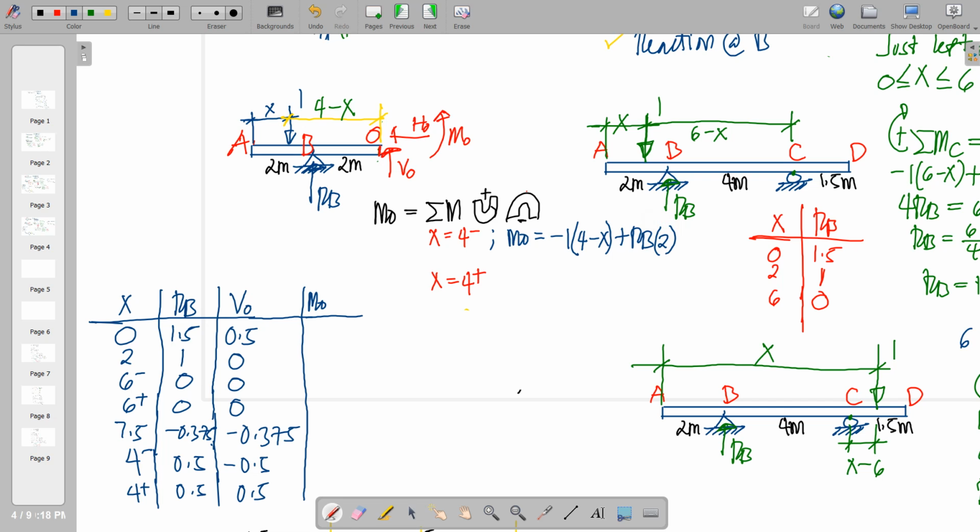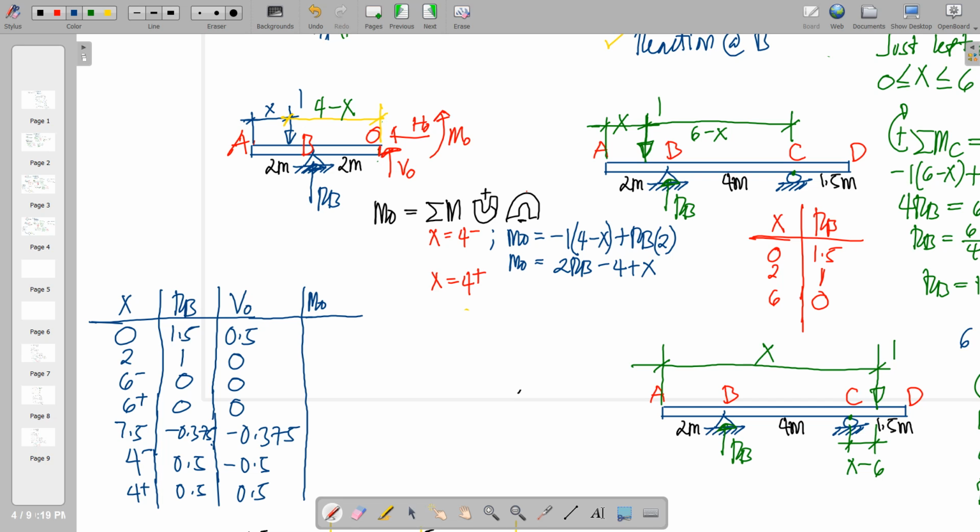So this is the equation for MO for 4 minus. So we can actually simplify that to 2RB minus 4 plus x, okay? Minus 4 plus x.